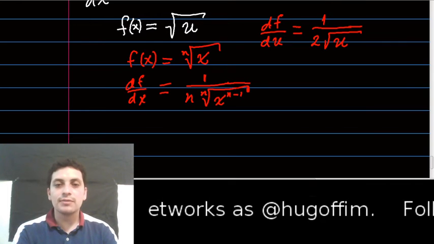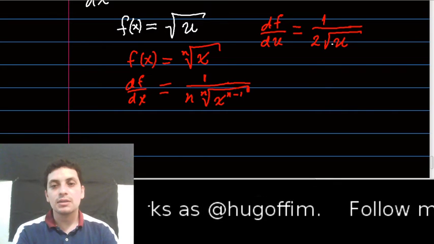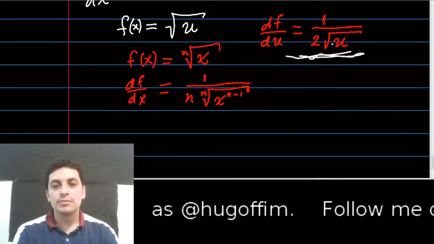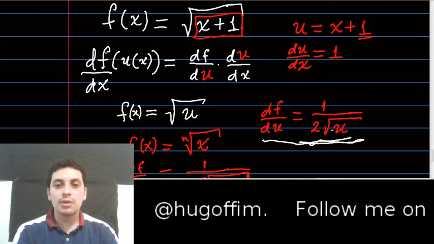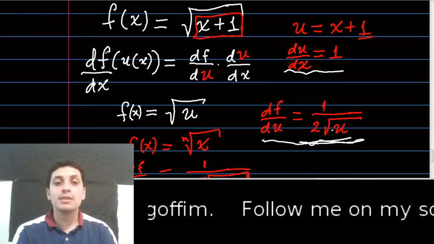Okay, so I divide the problem in two parts. First part is here, df/du, and the second part is this, du/dx. So I just need to multiply them to have the derivative.